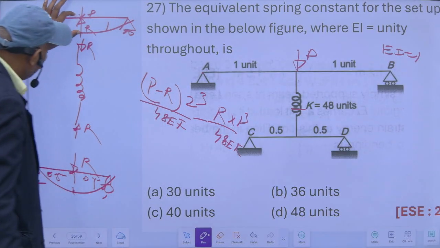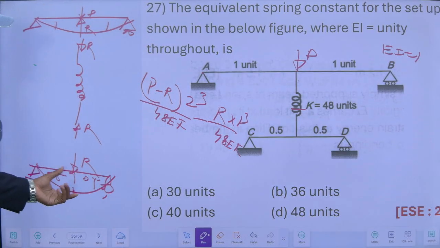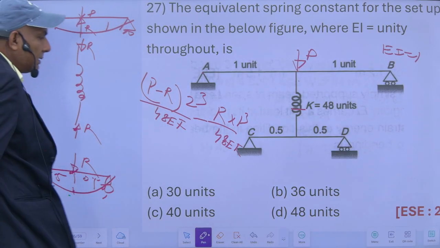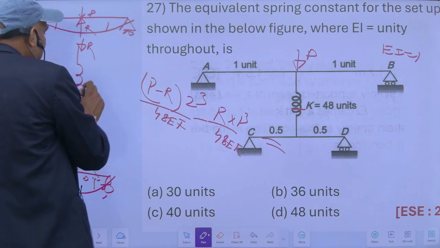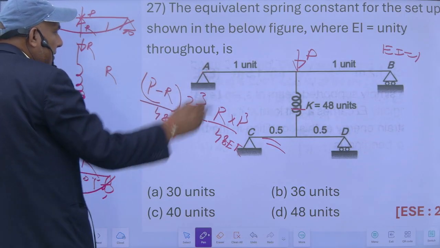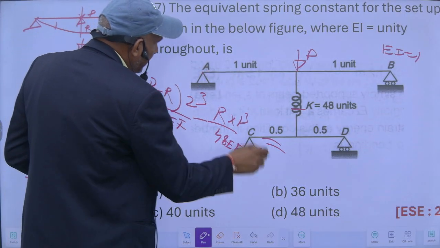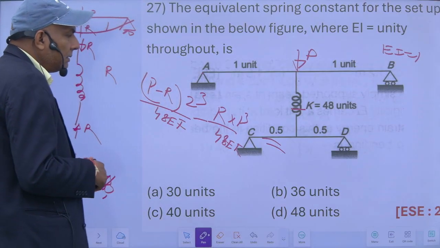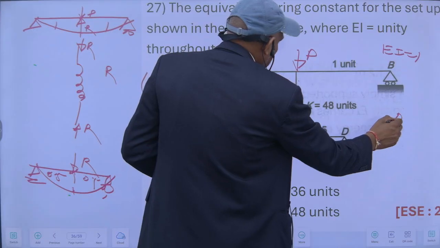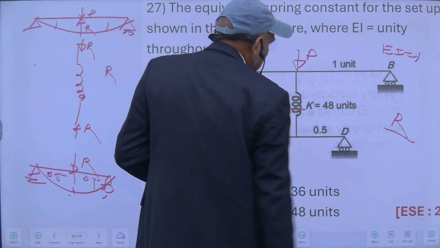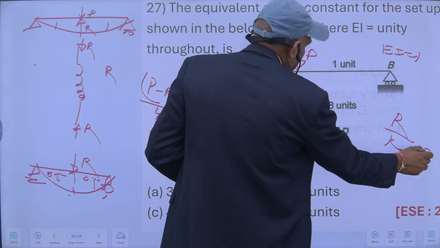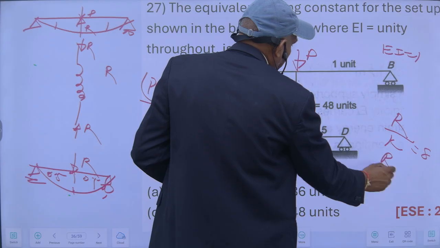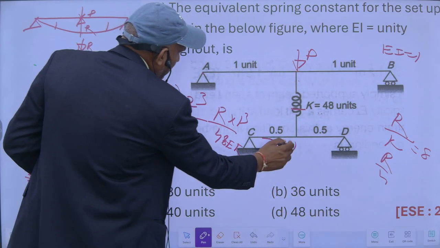My net deflection is equal to my net compression of the springs, and the compression of the spring is, the load in this case is R and stiffness is 48. So load upon K will be the deflection, and this will be R upon 48.